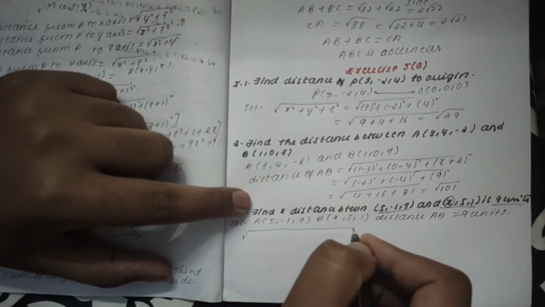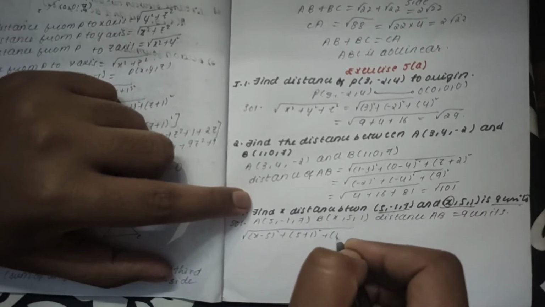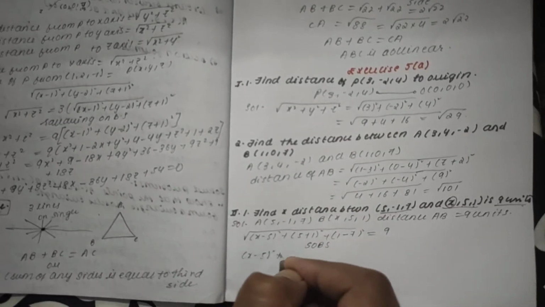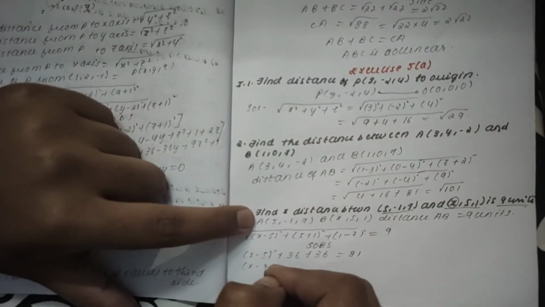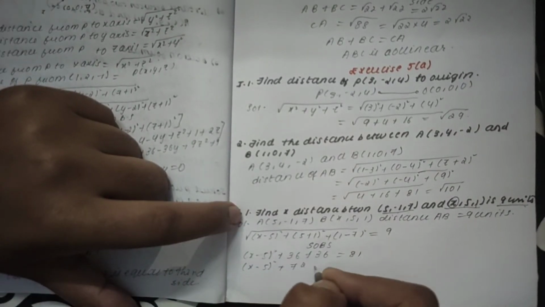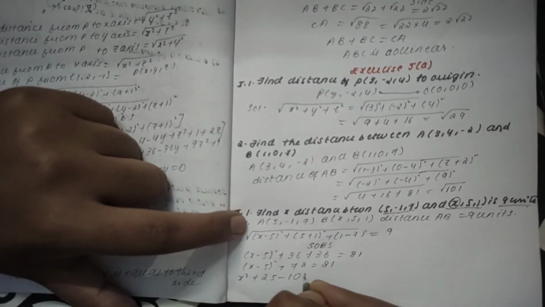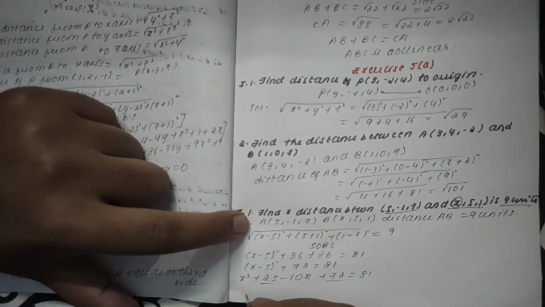Substitute this in distance formula. Root of x2 minus x1 whole square plus y2 minus y1 whole square plus z2 minus z1 whole square is equal to 9 units. Now squaring on both sides. This is (x minus 5) whole square plus 6 whole square is 36 plus 6 whole square is 36 is equal to 81. (x minus 5) whole square plus 72 is equal to 81. x square plus 25 minus 10x plus 72 is equal to 81. 25 plus 72 is 97.